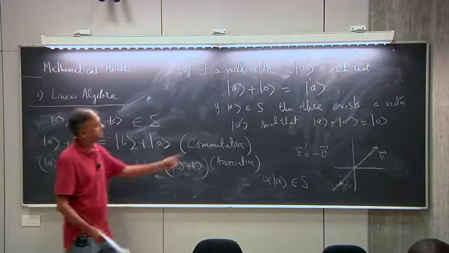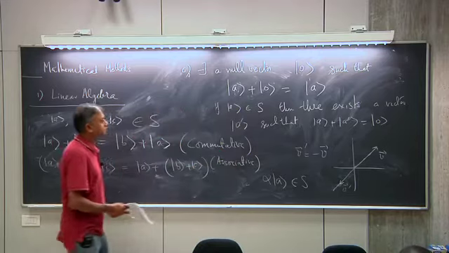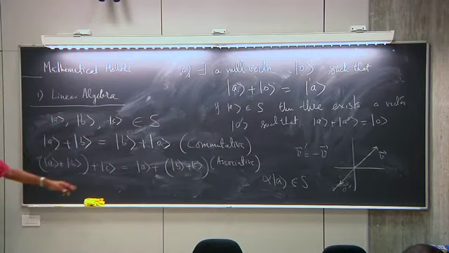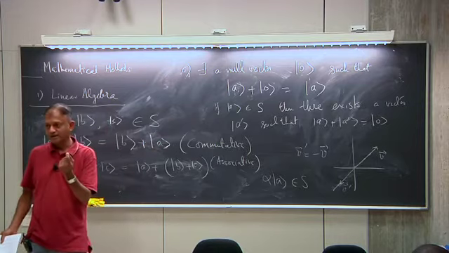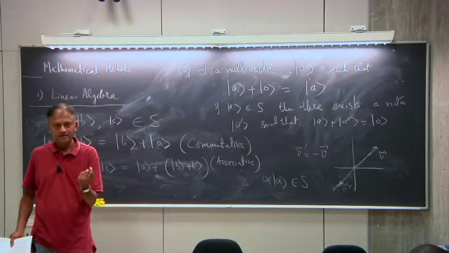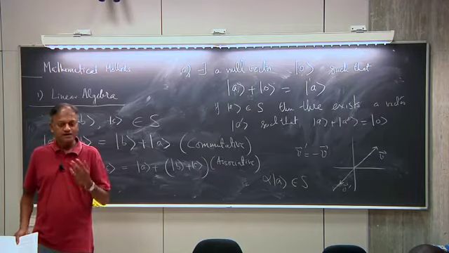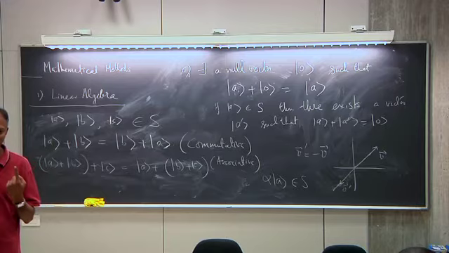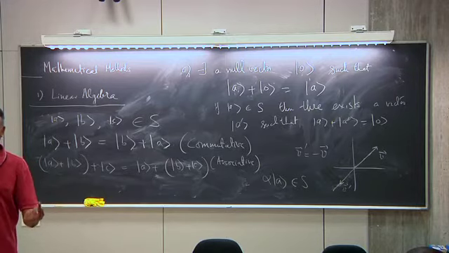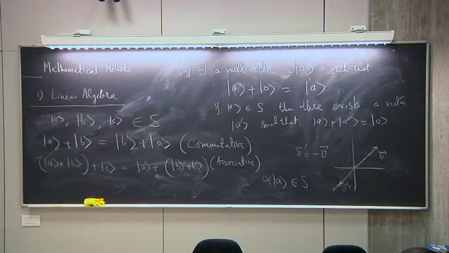We have defined this zero vector. But since I'm talking about complex numbers, the numbers that I'm multiplying the vector A with, alpha and so on, are complex numbers. In the set of complex numbers there is a very important number, which is 1. What is the property of 1? 1 multiplied by any number is again the same number. That's the identity, the unit number.